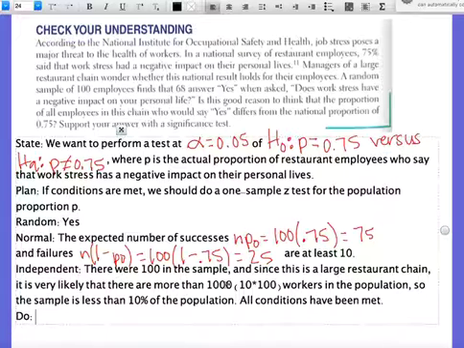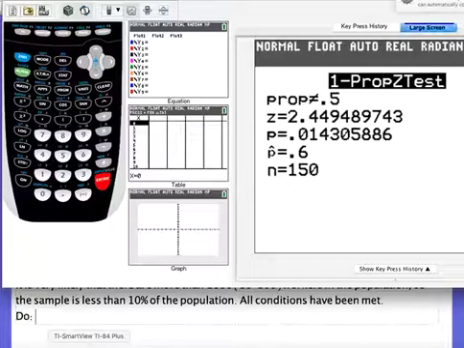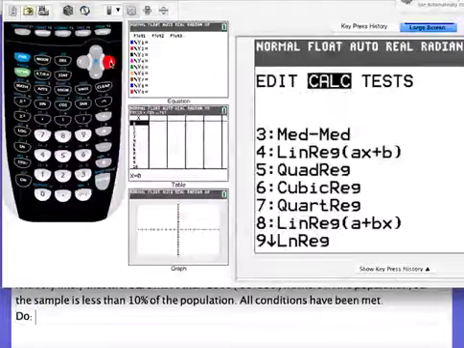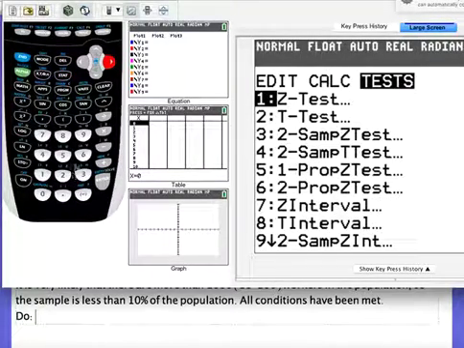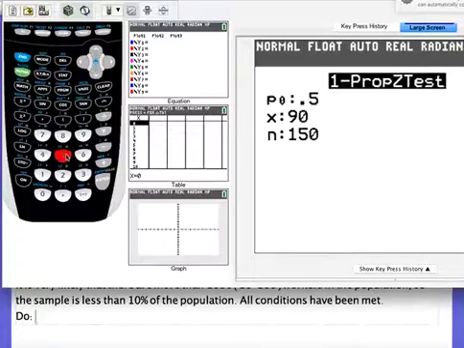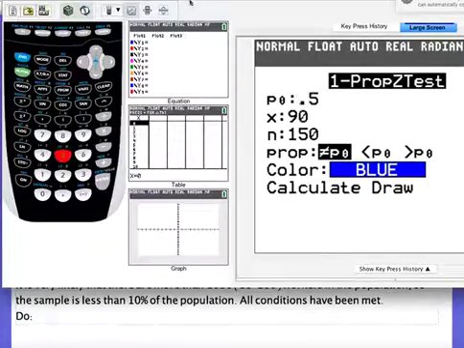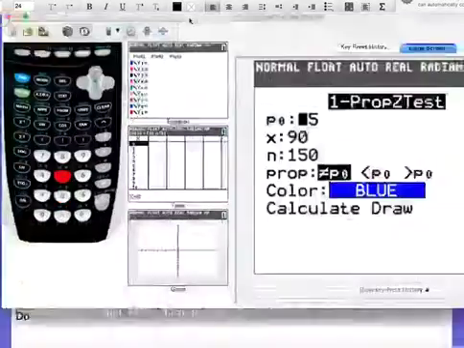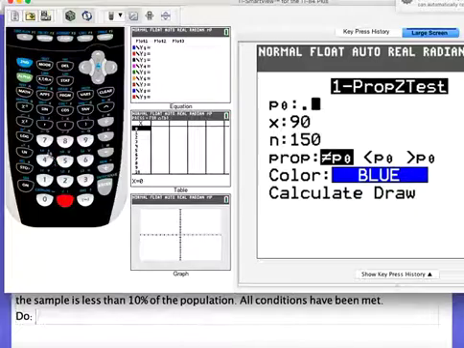So to do the do, we need to find our p-value. We can do that easily on the calculator by going to stat, over to test, one prop z test, which is option 5. Our P0 is going to be 0.75.